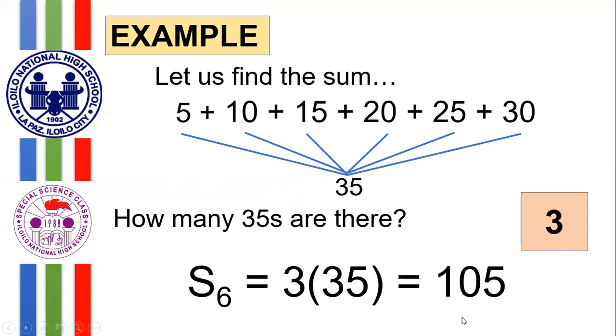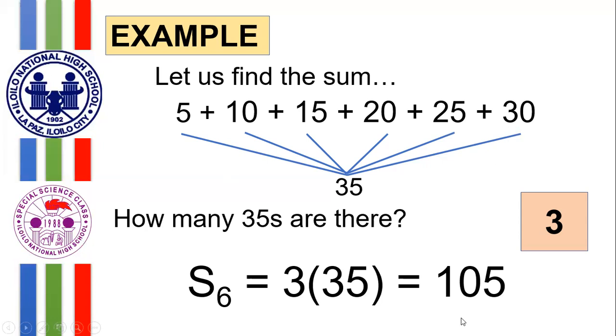You can verify this by manual counting from left to right. What others do is that they begin from left to right, like 5 plus 10, that's 15. 15 plus 15, 30. 30 plus 20, 50. 50 plus 25 is 75. 75 plus 30 is 105.